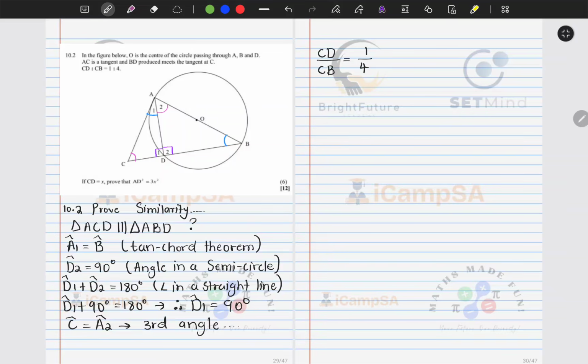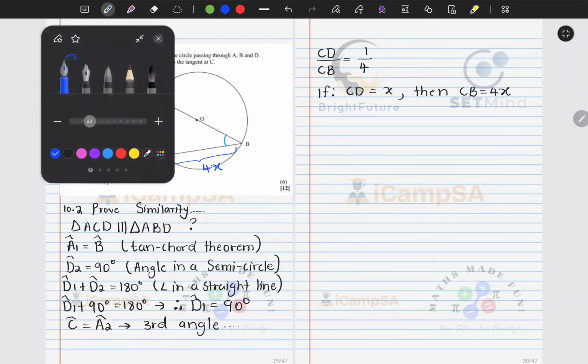Now let's think of what is happening. If our CD is X, then for this to divide accordingly, it means our CB must be 4X. Okay, that is what it means. So it means what we have here is X, and then what we have here is simply 4X.